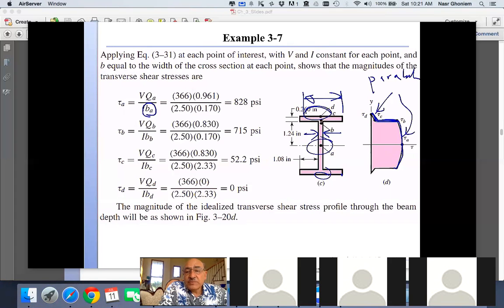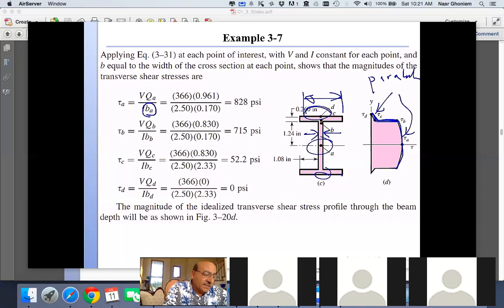So if we make the web very thin, then we could have failure due to shear. If we make the flange too far from the center of the beam, then we can have failure due to tensile stresses. And to make that judgment, we have to add up the two stresses using Mohr's circle to find the maximum principal stress, and then use this as a criterion for failure.